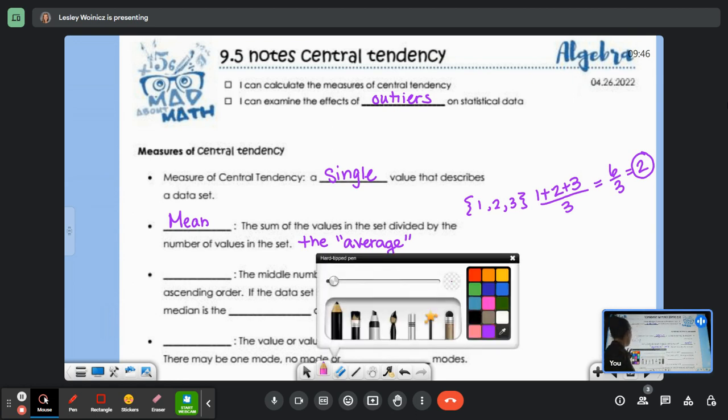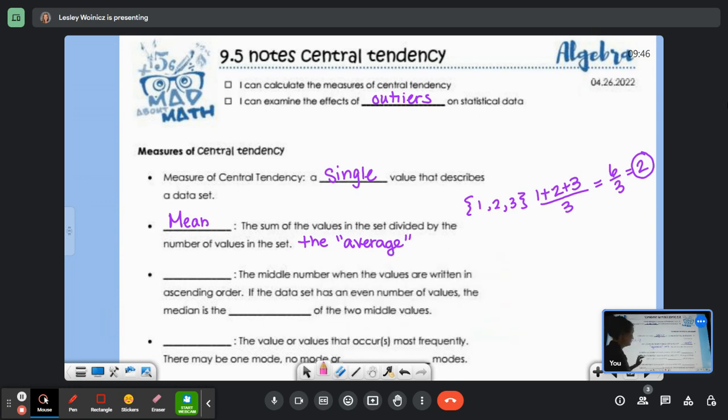Now, the next one is the median. That is our middle number when our values are written in ascending order. So if I go back to my example of 1, 2, and 3, my median is 2 because it's in the middle.